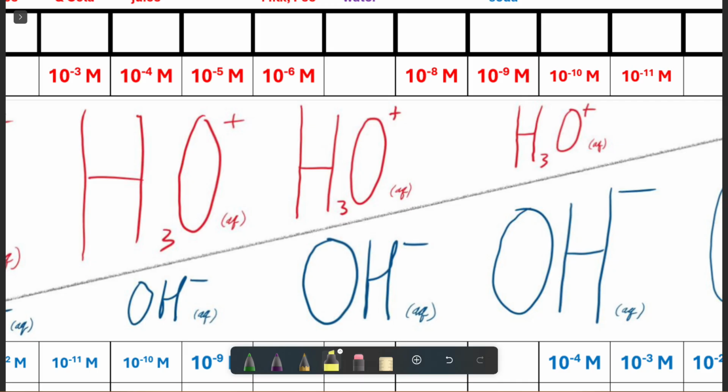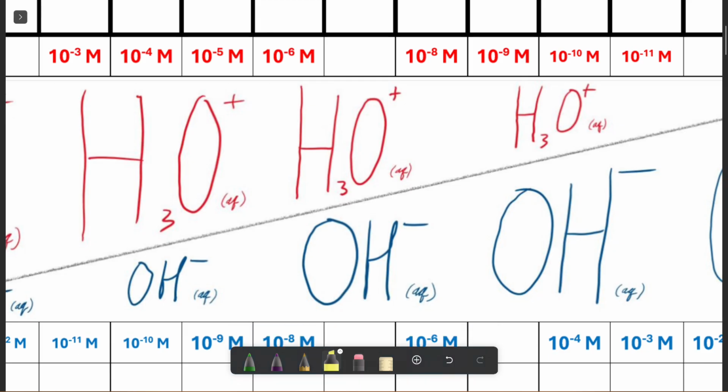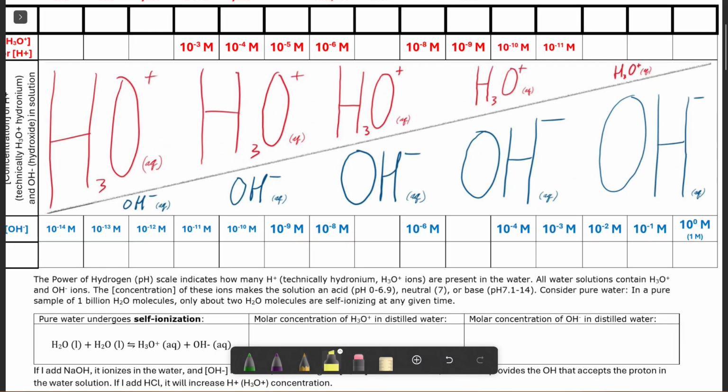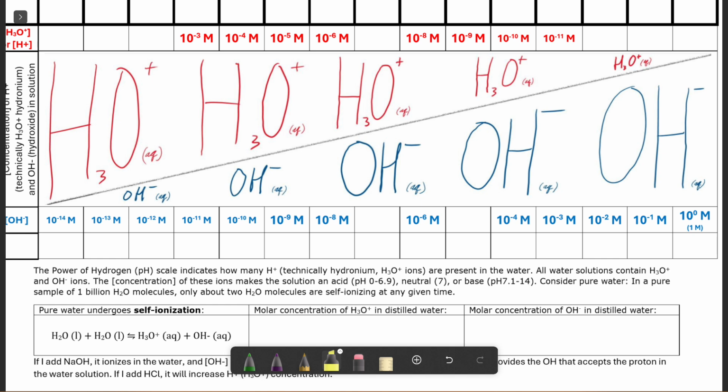Hydroxide, OH negative. It's another polyatomic ion. It's also created from water. Okay, so in this scale, we're just going to focus right here along this line at first, where we see that the H3O and the OH negative are kind of at equal sizes right here.